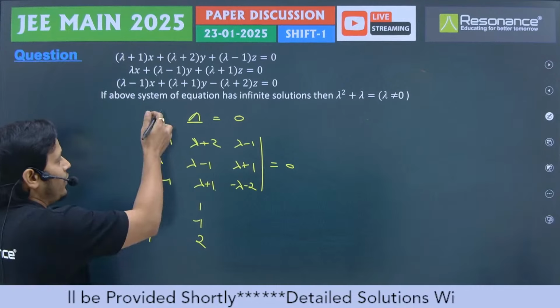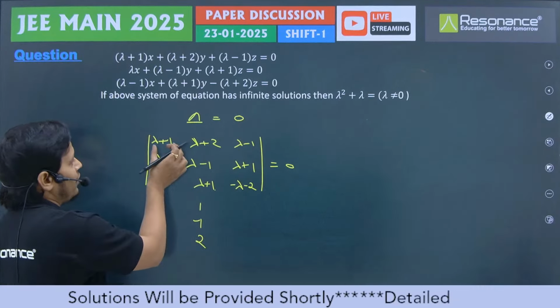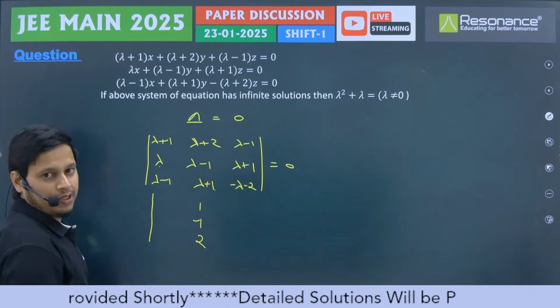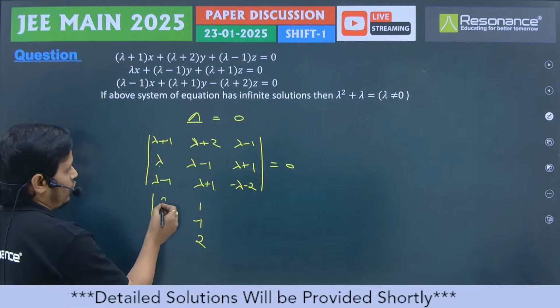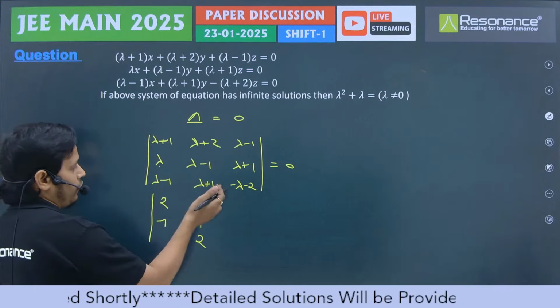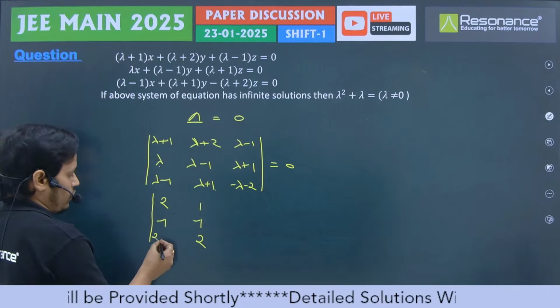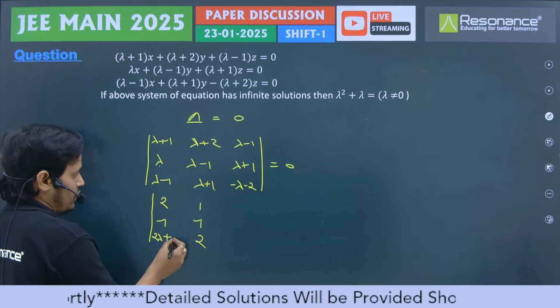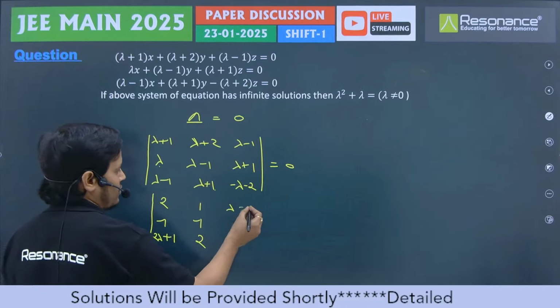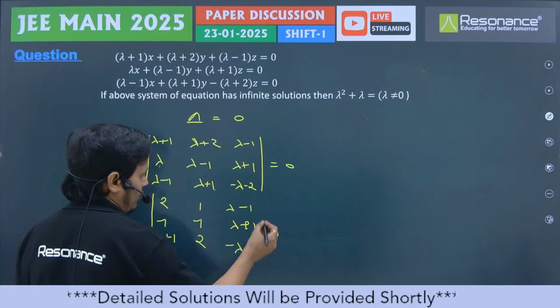Now in C1 I am subtracting C3. So lambda plus 1, if we subtract lambda minus 1, what will we get? 2. Lambda, if I subtract it, I am getting minus 1. From this one, if we subtract this one, then the sign will change, plus will come. So 2, lambda, and plus 1. C3 I am keeping as it is: lambda minus 1, lambda plus 1, and minus lambda minus 2.